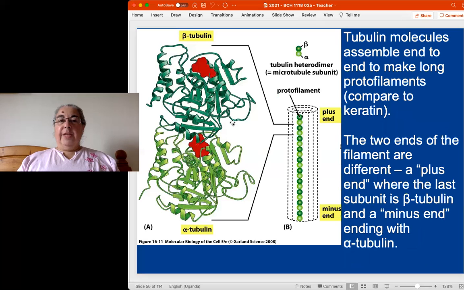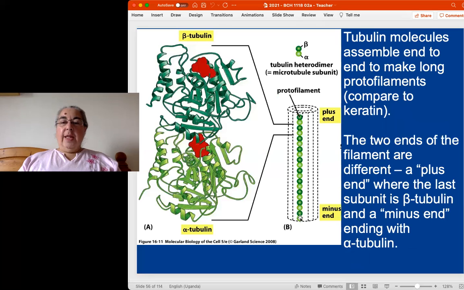So these tubulin molecules can come together to make long filaments. This is rather similar to what we saw in keratin, where the molecules assemble end to end and side to side. Tubulin is another structural protein, another fibrous protein.